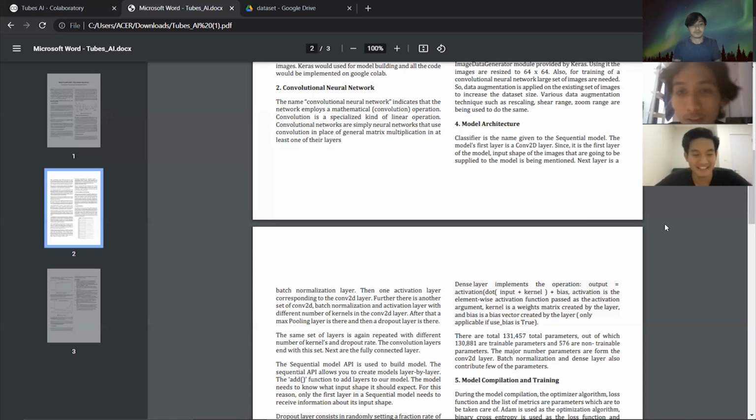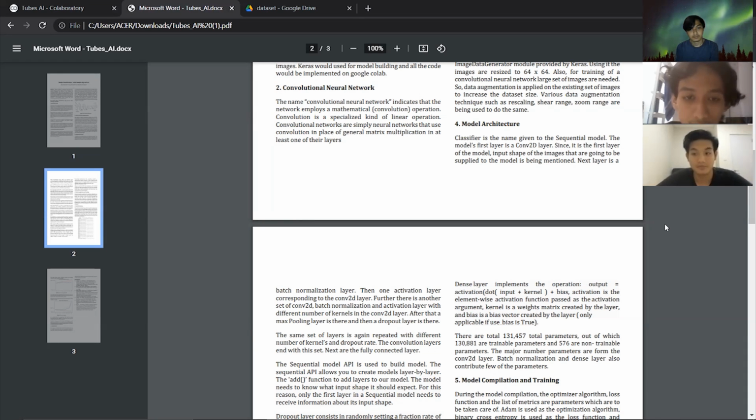So, the fourth, model architecture. A classifier is a name given to the sequential model. The model's first layer is a convolutional 2D layer. Since it's the first layer of the model, the input shape of the image is going to be supplied to the model. The next layer is a batch normalization layer, then one activation layer corresponding to the convolutional 2D layer.